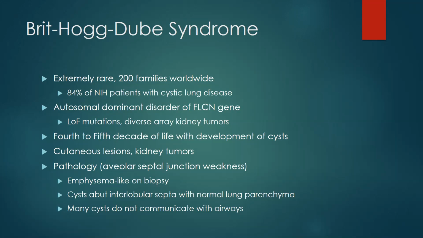Of note, too, is that cysts, if they develop, usually occur in the 4th to 5th decade of life. You also have a high percentage of patients who develop kidney tumors and dermatologic findings such as fibrofolliculomas and trichodiscomas, as well as skin tags.